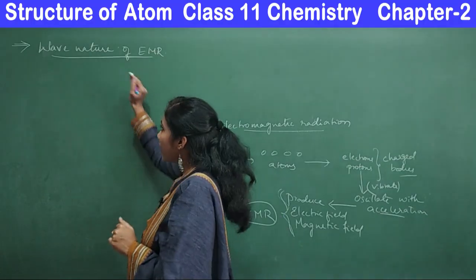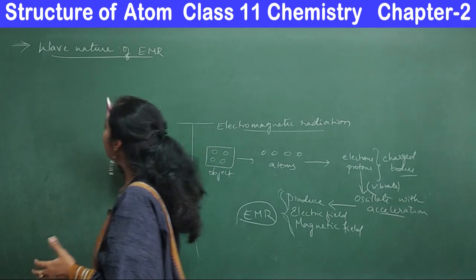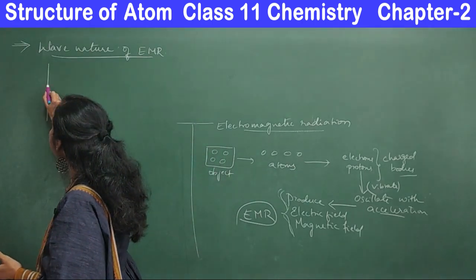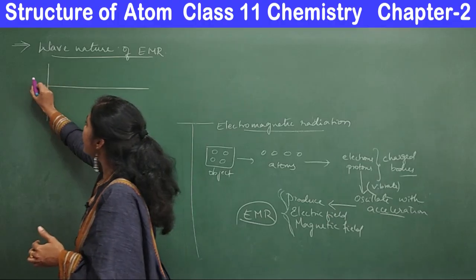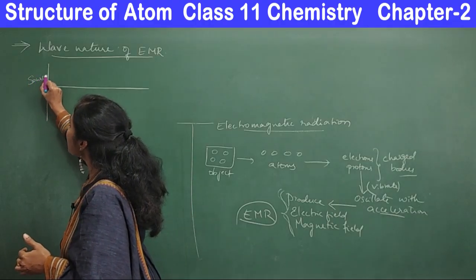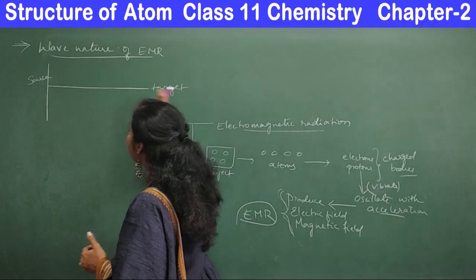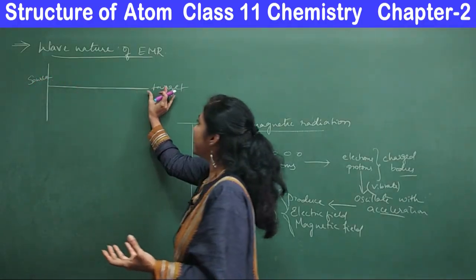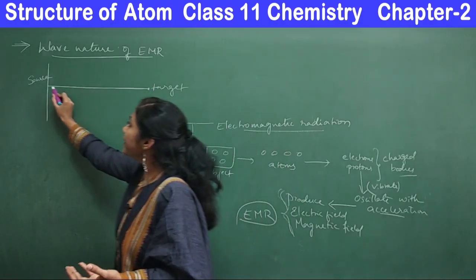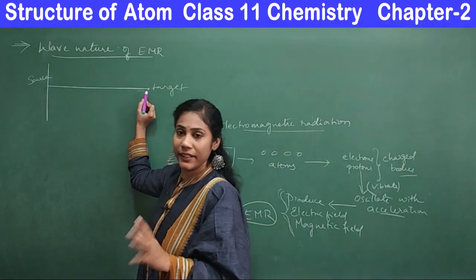Coming to the wave nature of electromagnetic radiation, if this is the direction of propagation of the wave, imagine this is a source and this is a target. Electromagnetic radiations are produced in a source and they have to reach this point, traveling in this particular direction.